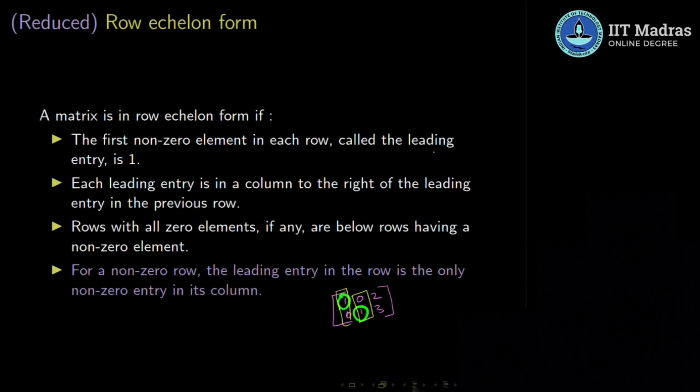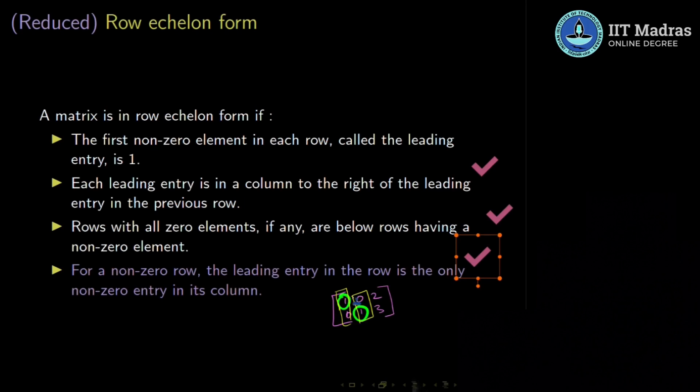So this is satisfied, and rows with all 0 elements, well, there is no such row, so this is satisfied. And now let us talk about reduced row echelon form. It says if you take these ones, then the entire column other than that one is 0. Indeed, below the first one there is a 0, and above the second one there is a 0.